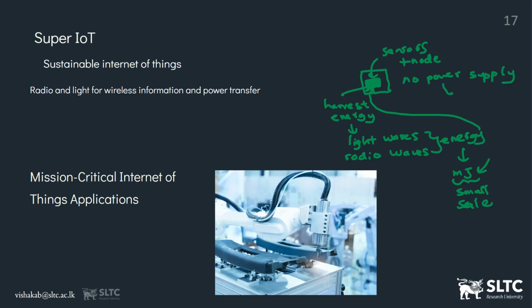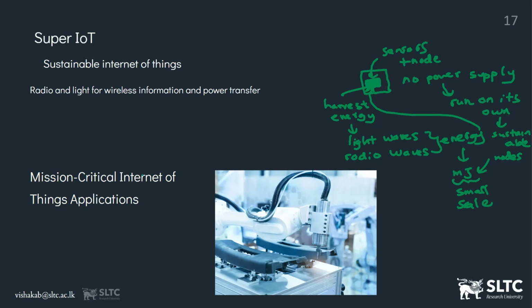The sensor node can run on its own, and therefore it can be considered a sustainable solution. These kinds of sensor nodes are known as sustainable nodes, and they are valuable because we don't need to provide any extra power to them.